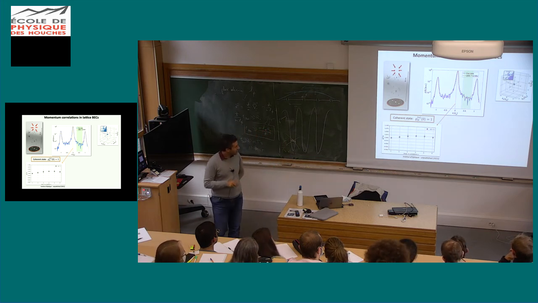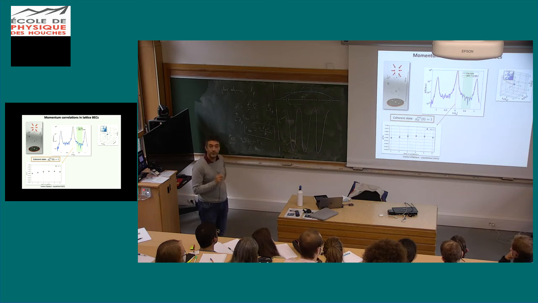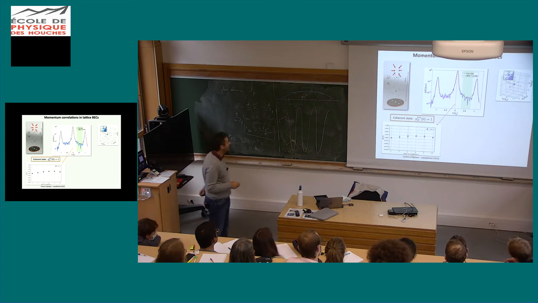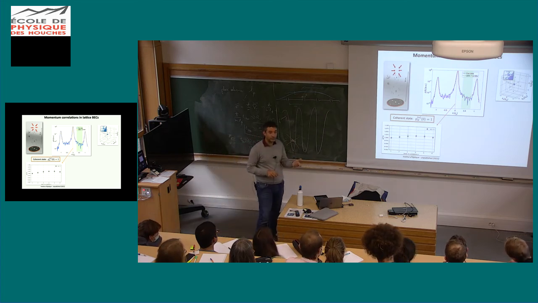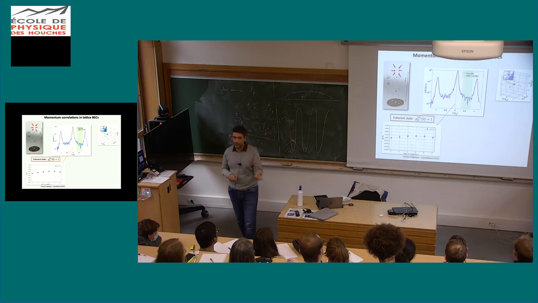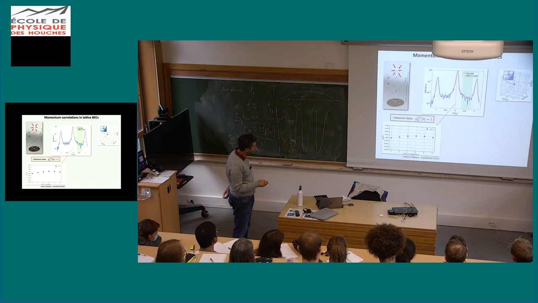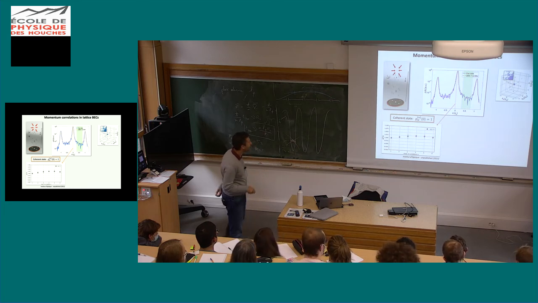But I'm showing this because, now, since we have the detection of individual atoms, we can ask ourselves: what is the probability that in this peak here, which is associated with a condensate, we detect 2 atoms close by, or 3 atoms close by, or 4, or 5, or 6? And so we can build these high-order correlation functions, where the small n here means the order, so how many atoms we have.